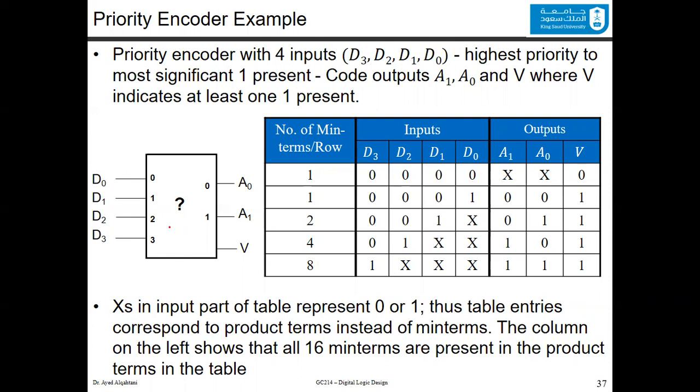Now, what to use if you have 4 inputs and you want to generate 2 outputs with V? You would use a priority encoder.